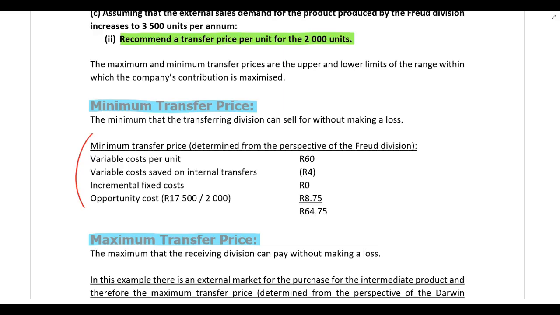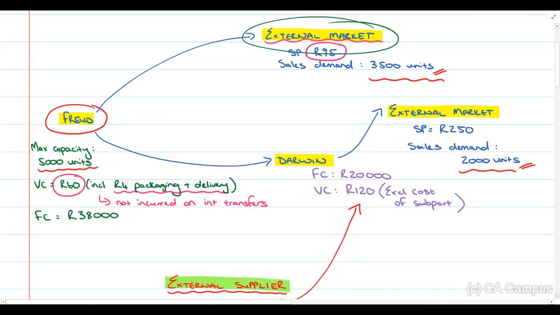Also remember that the calculation is done from the perspective of the transferring division, so the Freud division. We only look at the cost of the Freud division. We don't consider anything else. So what we do is we start with the variable cost of the Freud division. So remember, their variable costs are just 60 Rand per unit. We then deduct any variable costs saved on internal transfers.